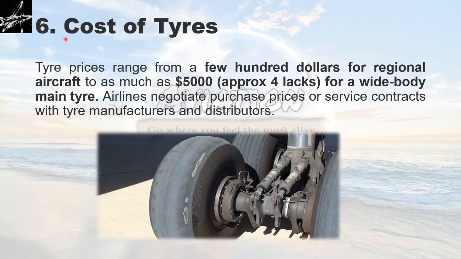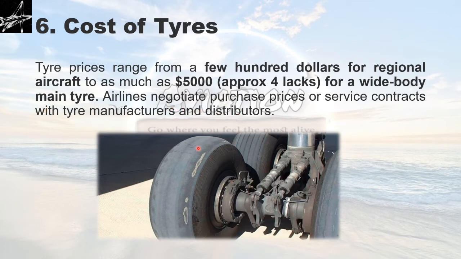Sixth, the cost of the tires. Tire prices range from a few $100 for regional aircraft to as much as $5,000, approximately 4 lakhs, for a wide body main tire. Airlines negotiate purchase price or service contracts with the tire manufacturers and distributors.